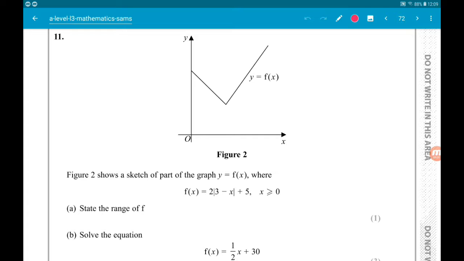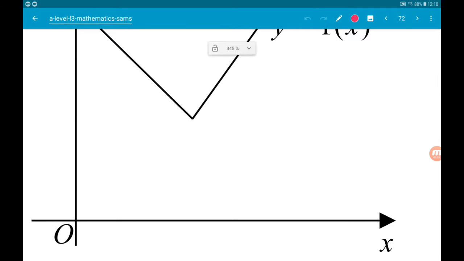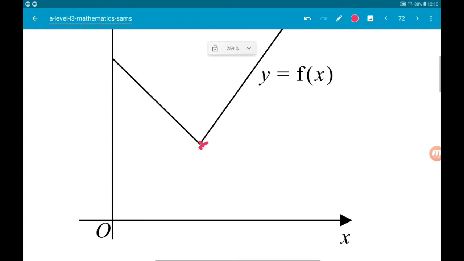Part A, state the range of f. So the range means all of the y values that the expression can take. So we can see there is a minimum point here. Now the range is going to be anything bigger than and including the y value at this point.